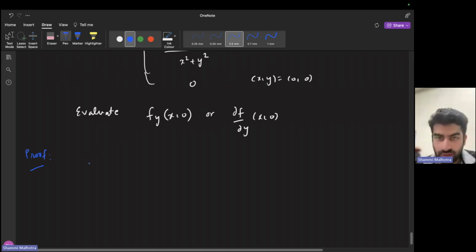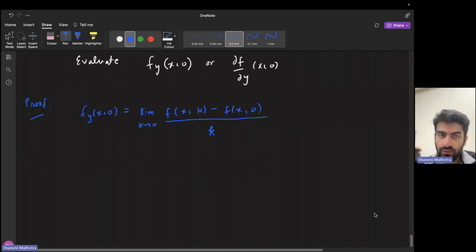Let me write the definition first. f_y at (x, 0) is the limit as k tends towards 0 of f(x, k) minus f(x, 0), whole divided by k. I change only the second variable, where my y coordinate is, and keep the other things constant.